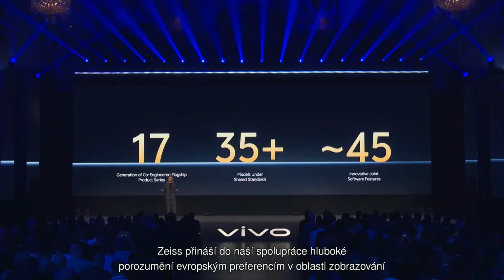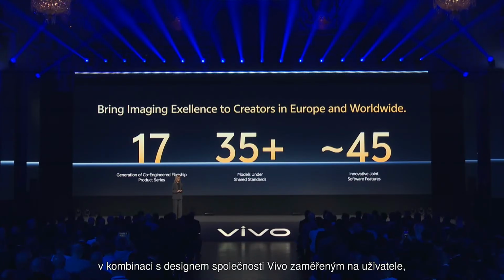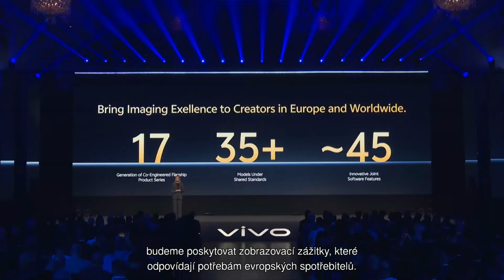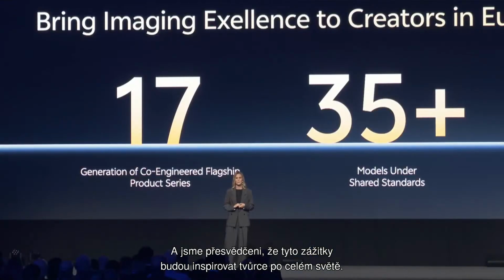ZEISS brings a deep understanding of European imaging preference to our collaboration, and combined with vivo's user-centric design, we will deliver imaging experiences that fit European consumer needs. And we are convinced these experiences will inspire creators everywhere.